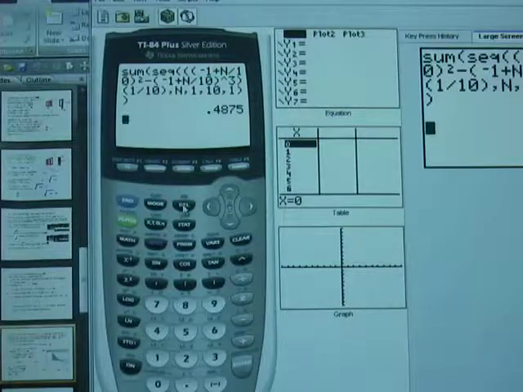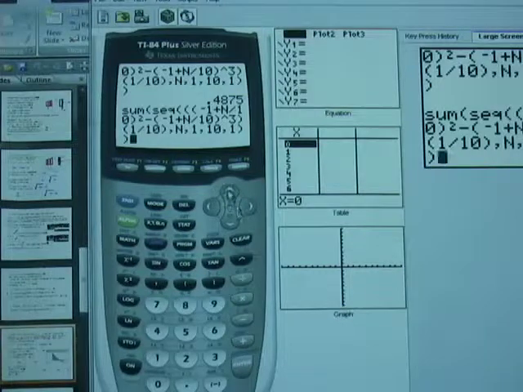Now, you can obtain the left area by changing n to n minus 1, and watch me doing that. Bring all this entry back, second enter, and go and stand on the first n and change that to an n minus 1. Remember, when you do that, n minus 1 must be in parentheses.